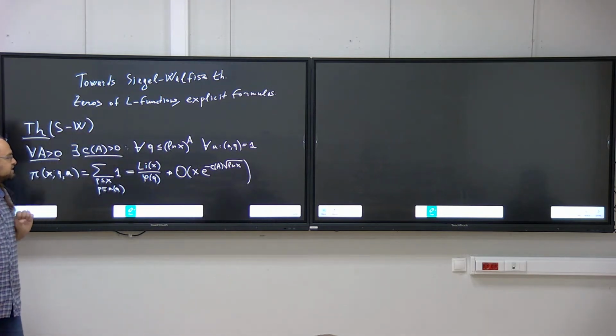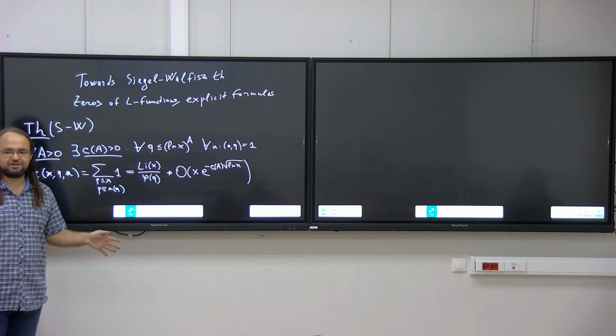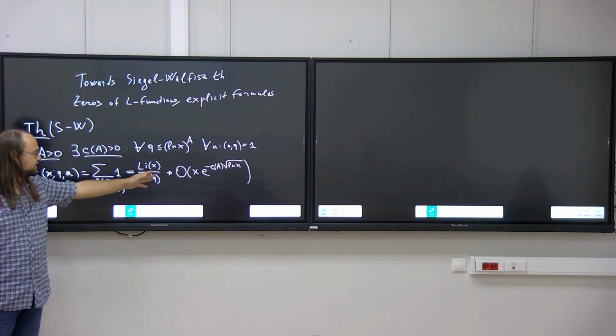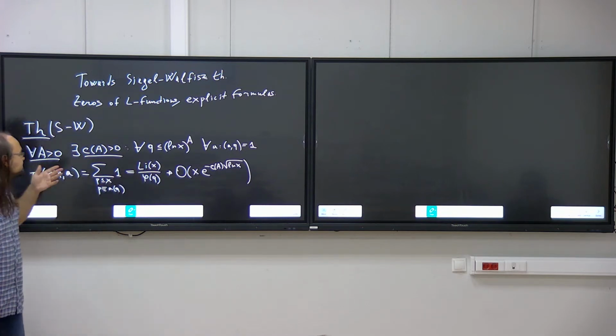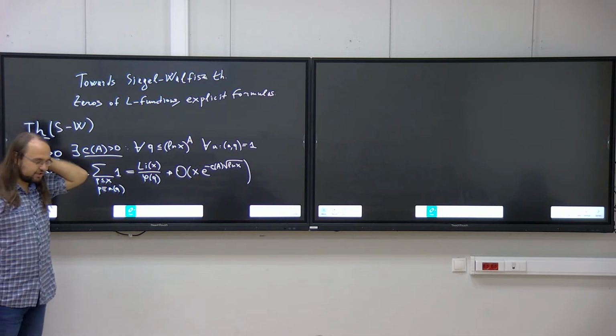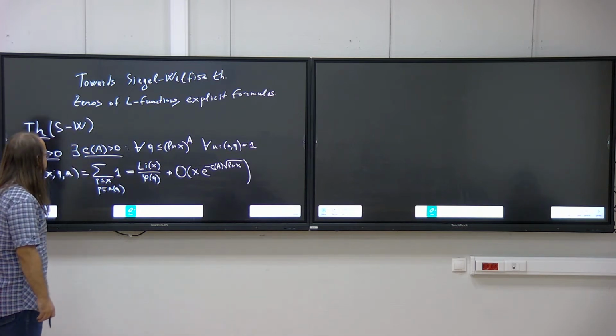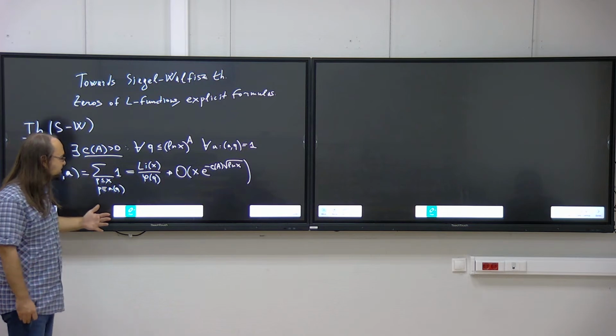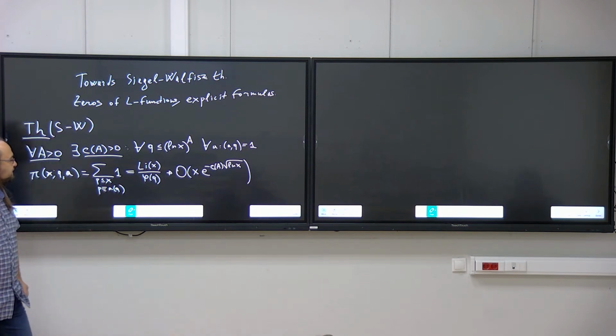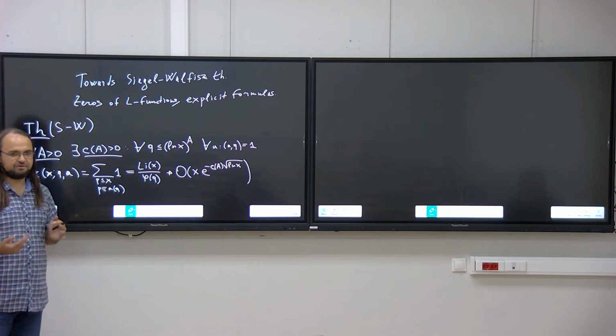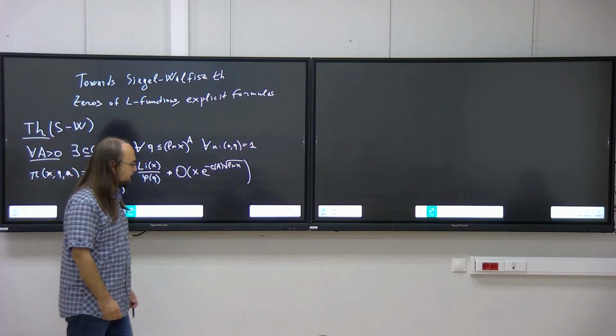So for any fixed q, this is basically the same statement as the prime number theorem, but for arithmetic progressions. But the large upside of this result is the fact that we can prove it for non-fixed modulus, for a modulus which grows at most logarithmically in x.